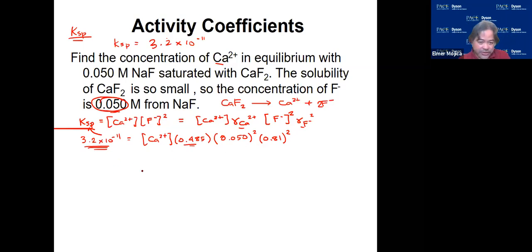So if you're going to solve that, what is Ca2+ equal to? 3.2 times 10 to the negative 11 divided by 0.485 times 0.05 squared times 0.81 squared. What do you get?